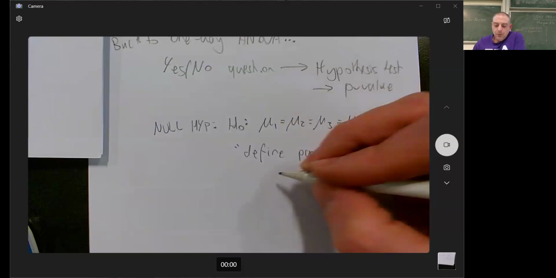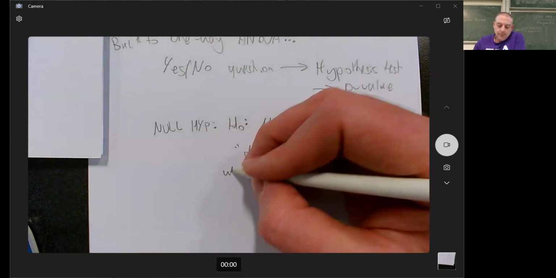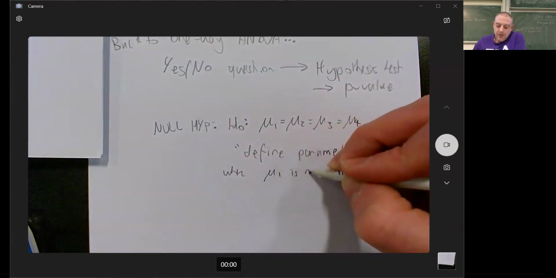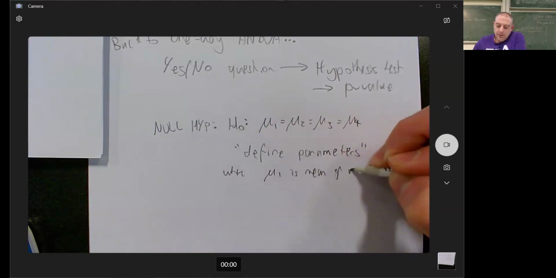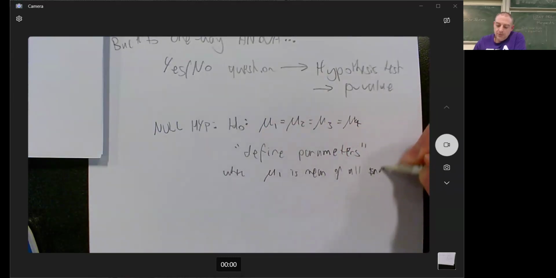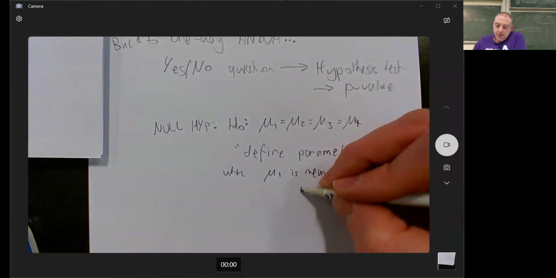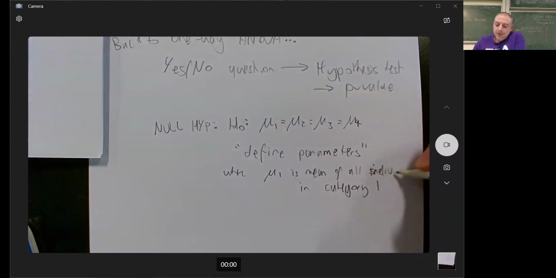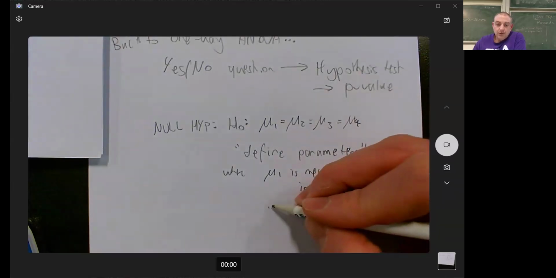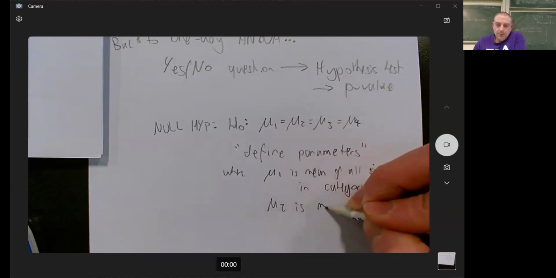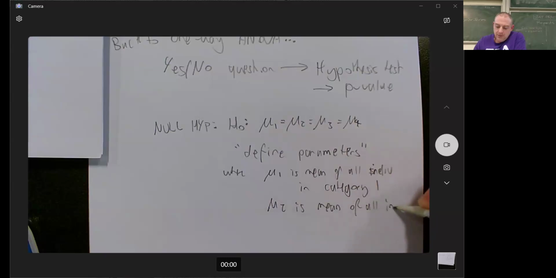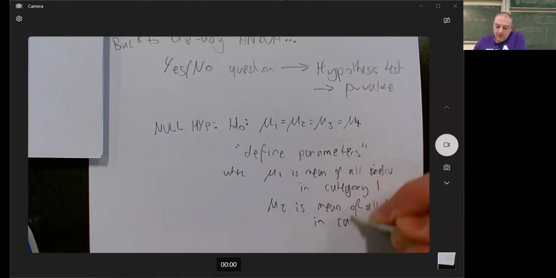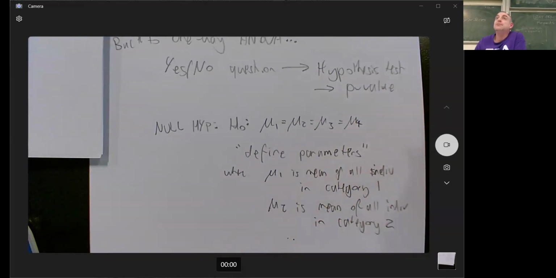And so you would say where mu1 is the mean of all individuals in category 1, and so on. Mu2 is the mean of all individuals in category 2, and so on. You would put them all down.